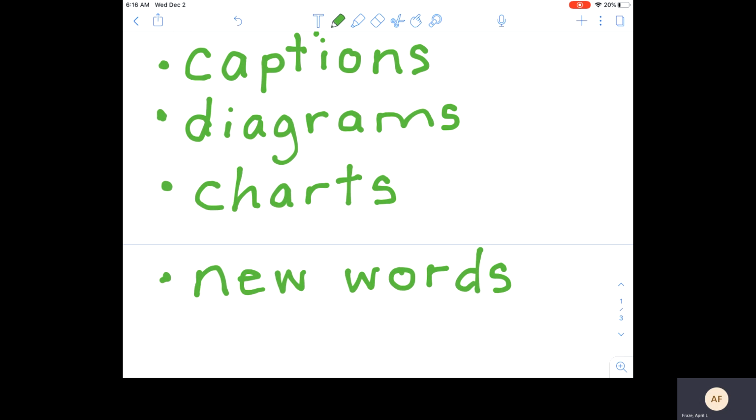The dorsal fin is that fin that sticks out of the water when the shark is swimming. So that might be a new word to you, new vocabulary. Often when you read a nonfiction, informative piece of writing, there will be new words. And those words will teach you something new about what you're reading.